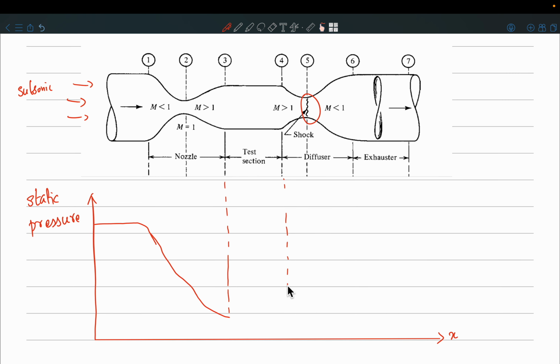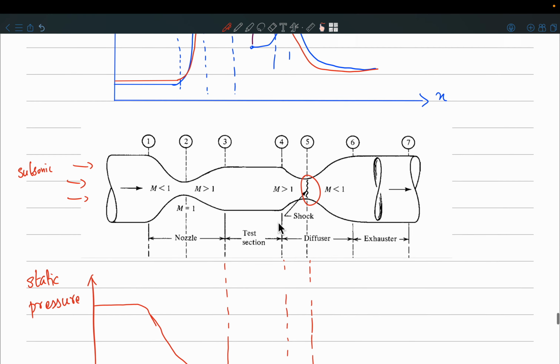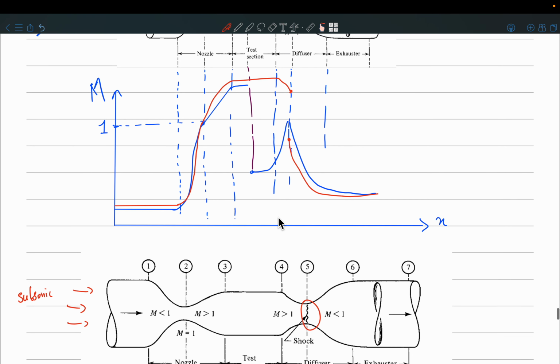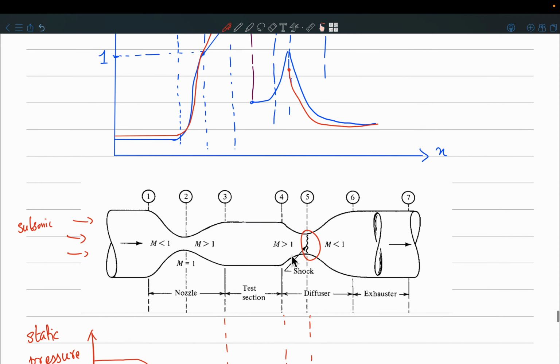What happens afterwards in the diffuser? So we have a supersonic flow in a converging section. What is happening to this supersonic flow? The Mach number is decreasing, right?